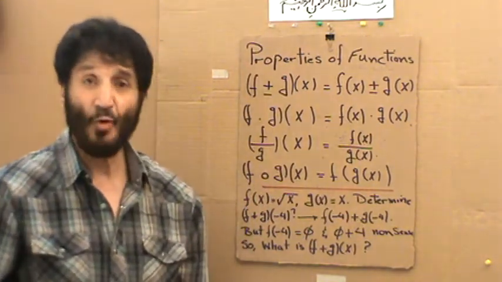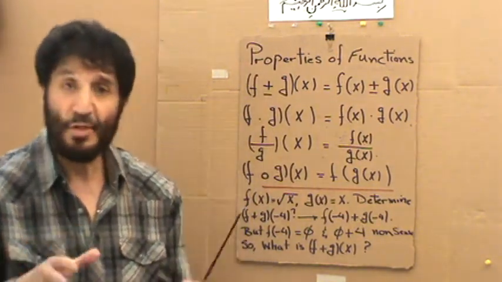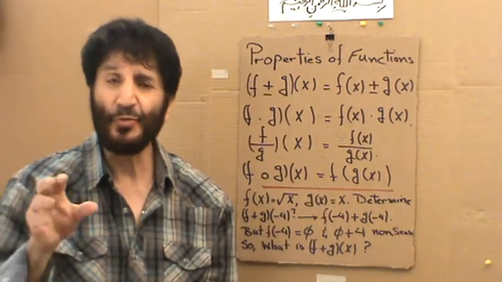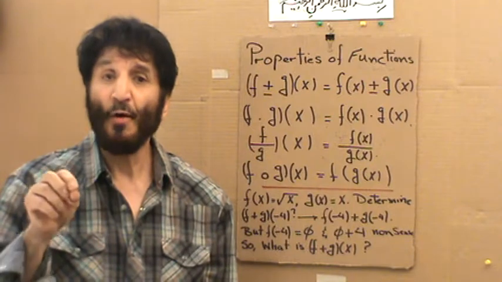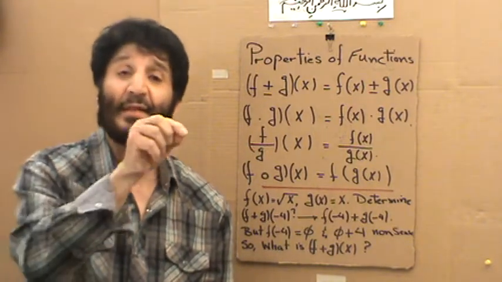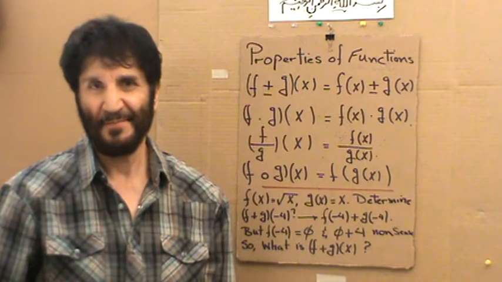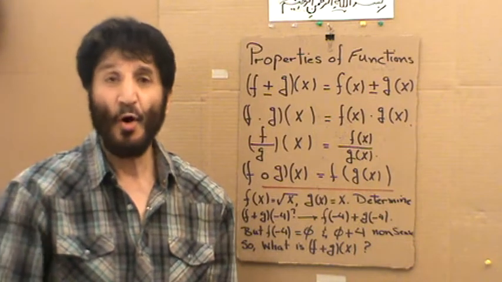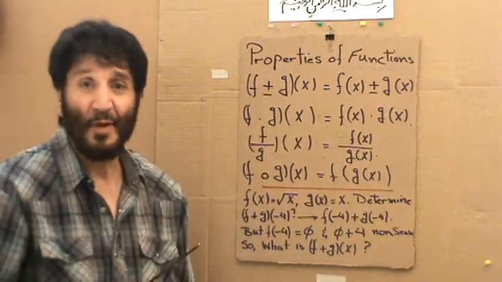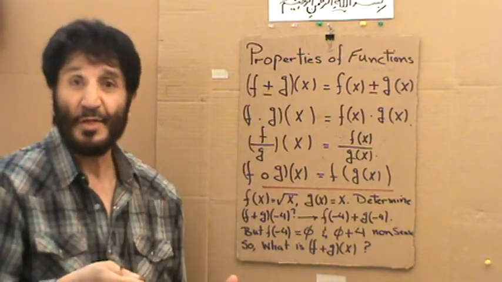Now, what went wrong is that with a function always goes a domain and range. And the domain is the set of all permissible values that the independent variable can possess. Now, when I'm talking about f plus g of x, I have to specify its domain, because with the function goes domain and range.